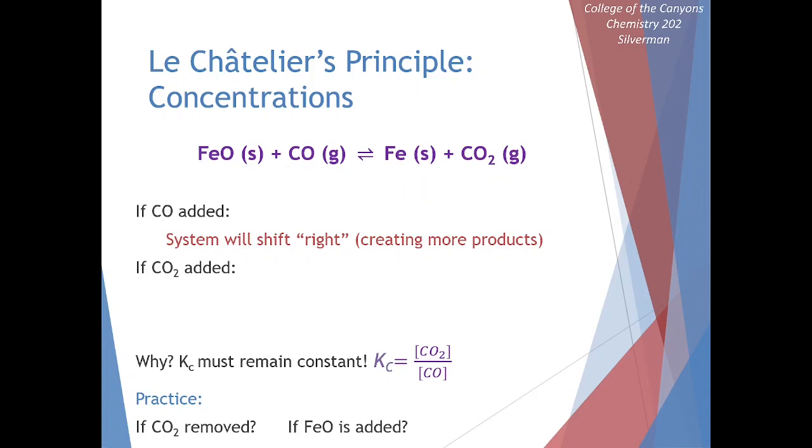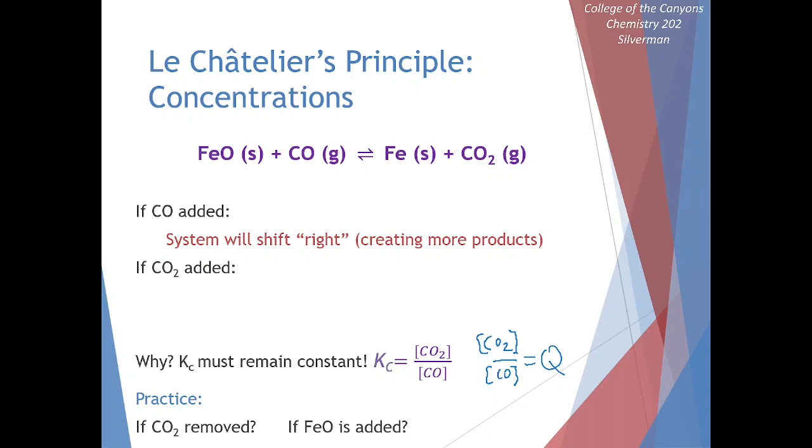We can think about why this is the case by considering our equilibrium constant. Our equilibrium constant, Kc, is a constant, and for this reaction, it's going to be our gaseous reactants and products, CO2 divided by CO. If we add some carbon monoxide to the system, then we are no longer at equilibrium, and we'll have some reaction quotient instead of our equilibrium constant.